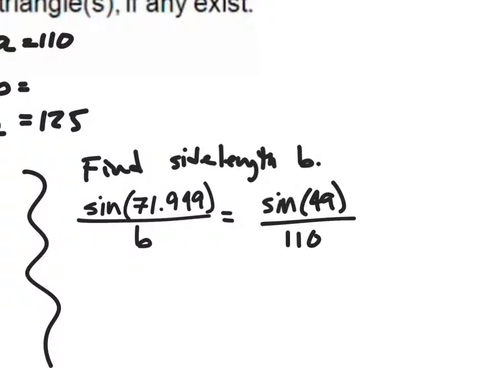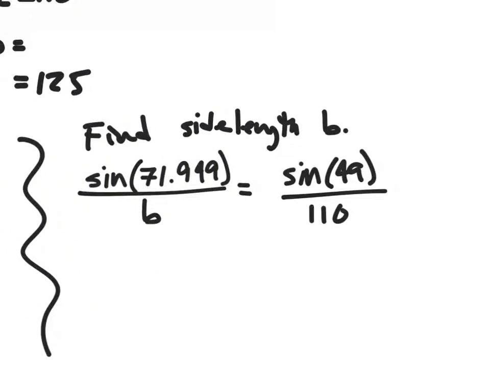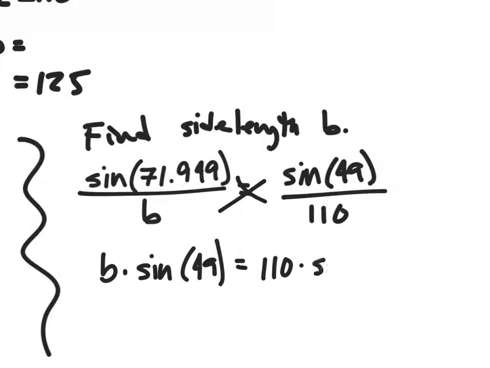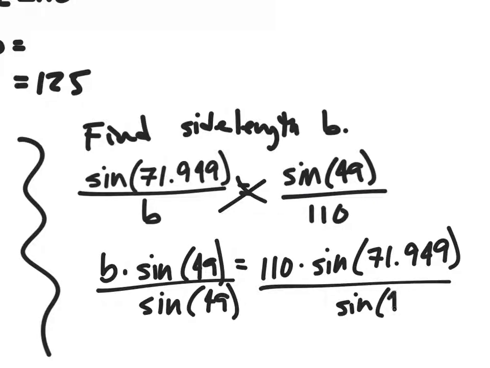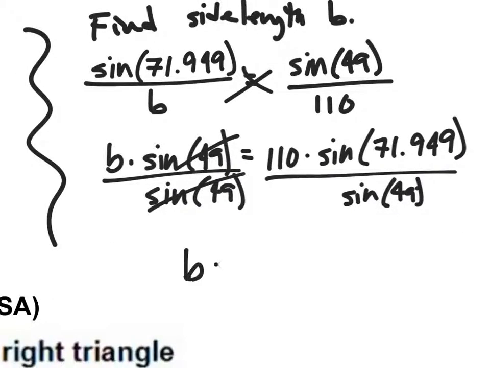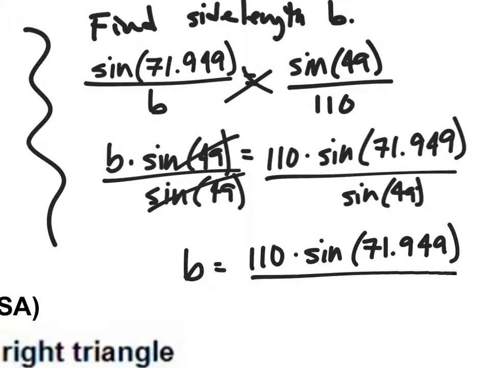over 110. Okay, so now let's cross multiply, solve for B. So B times sine of 49 is equal to 110 times sine of 71.949. Okay, divide both sides by sine of 49 degrees. So we get that side length B is equal to 110 times sine of 71.949 divided by sine of 49 degrees.